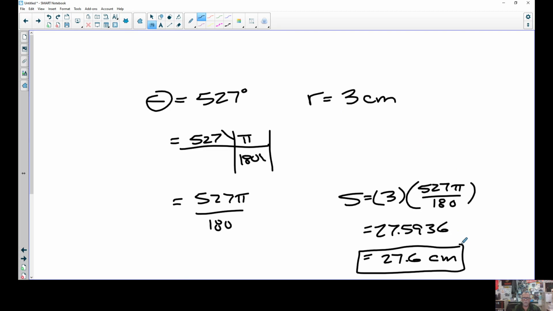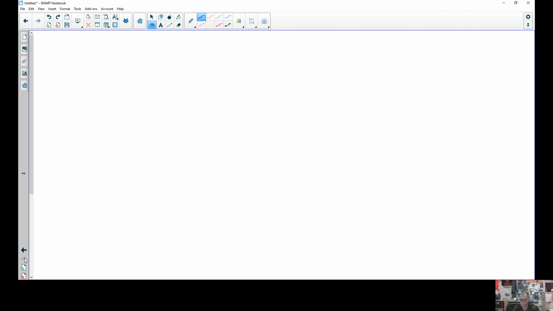I'm going to cover one more thing because I think they throw a few of these in here. Let's do the area of a circular sector. All right, area of a circular sector.